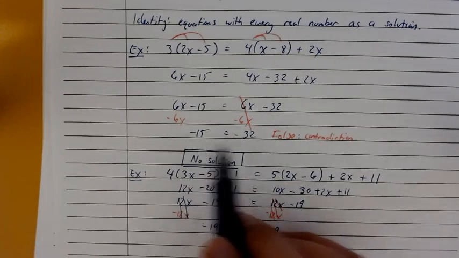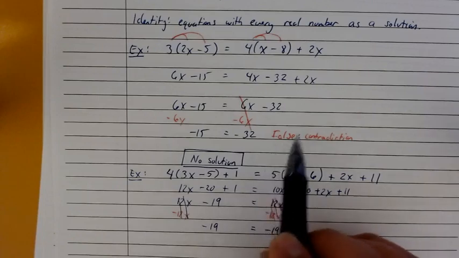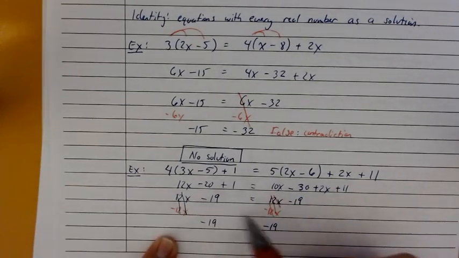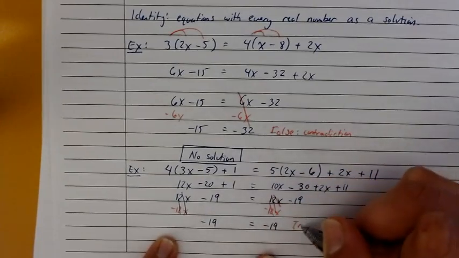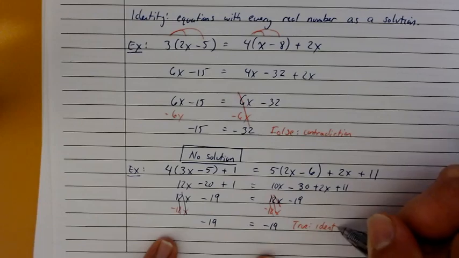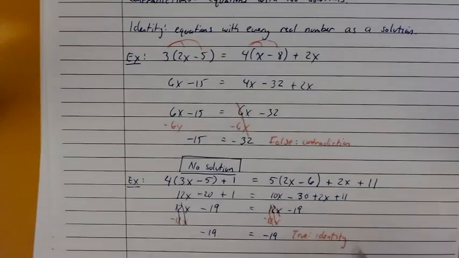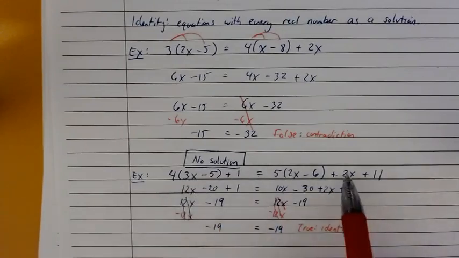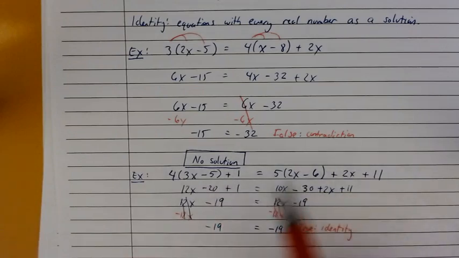The difference being that above, you had a statement that was false. But now, once your variable disappeared, you're left with a statement that's true. This is the case of the identity. Again, think about what this says. What you're looking for is what value can you plug in for x to make this side equal to this side?